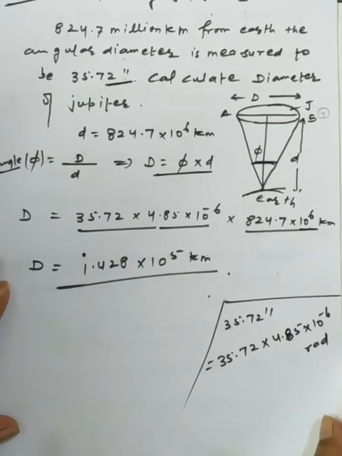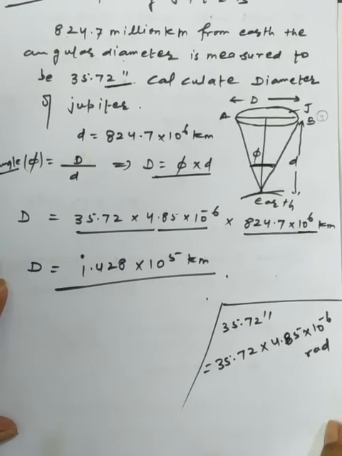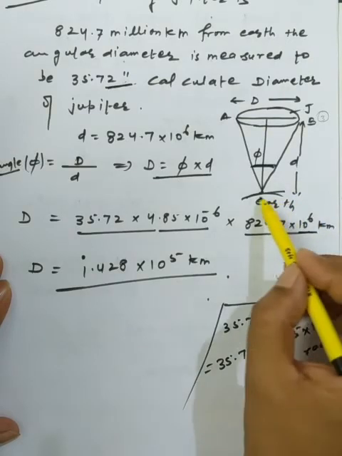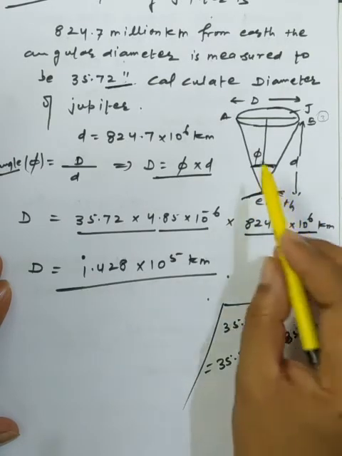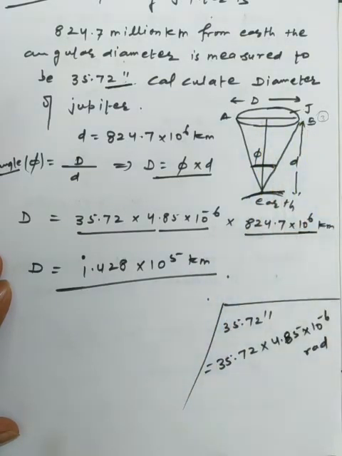So here we used the second method of finding the diameter of a celestial body, and we have Jupiter here. It's the first example, an NCERT question.